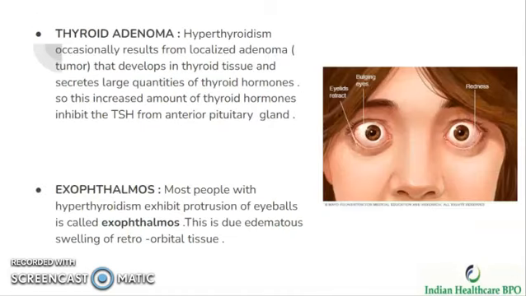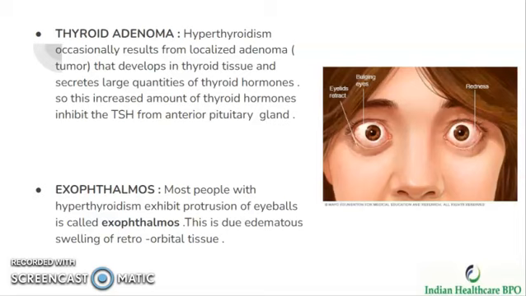Talking about the thyroid adenoma, it's a tumor that develops in the thyroid tissue and secretes large quantities of thyroid hormones. So this increased amount of thyroid hormones inhibits the TSH from the anterior pituitary gland. Exophthalmos: most people with hyperthyroidism exhibit the protrusion of eyeballs, called exophthalmos.